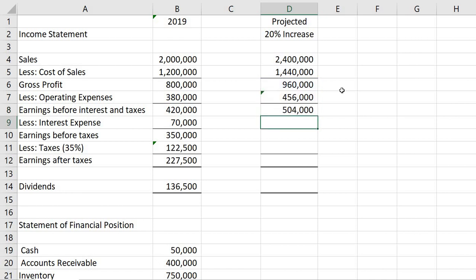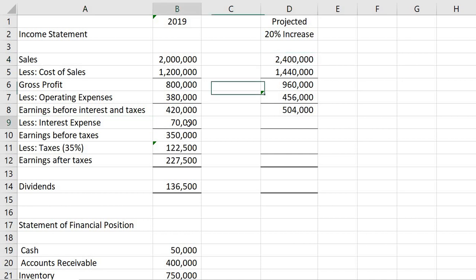That gives 504,000. Now, for the interest expense, take note, class, that interest expense does not necessarily increase when our sales increase. Meaning, interest expense is a non-spontaneous expense. It is not affected when you have an increase in sales.